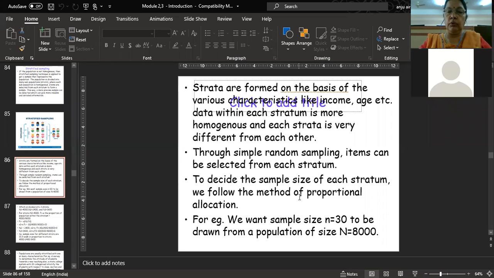We have to follow a formula. So suppose you take the sample size small n is equal to 30. You want a sample of 30 from a population which is capital N, 8,000. So from a population of 8,000, you want to draw out a sample of 30.